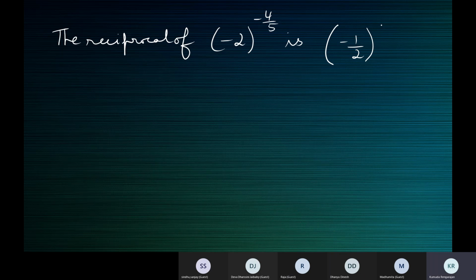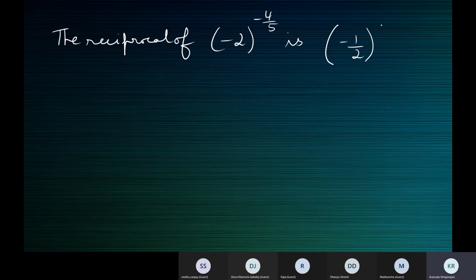What are the two changes? One is the reciprocal of the base, the other is the negative of the power of the exponent. Yes, ma'am.